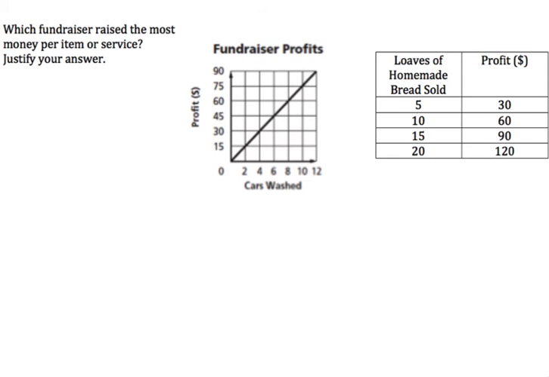Which fundraiser raised the most money per item or service? Justify your answer. All right, we've got the fundraising profits from washing cars and the fundraising profits from making loaves of bread at a bake sale. For the fundraiser, it looks like $15 for 2 car washes is $7.50 per car wash.